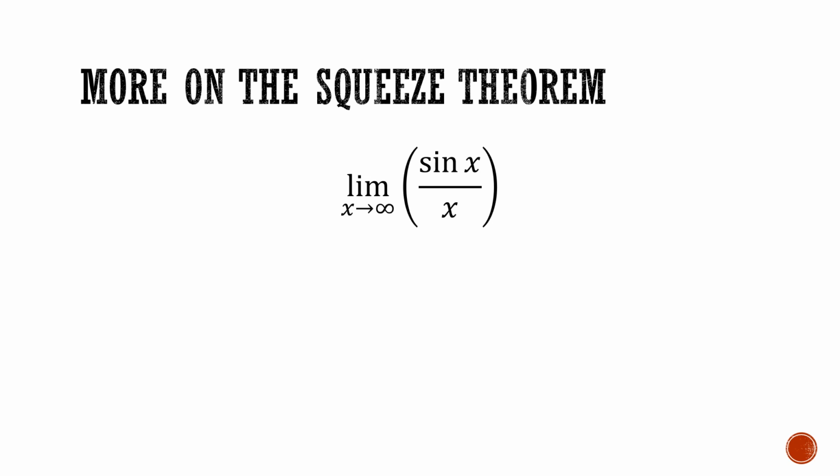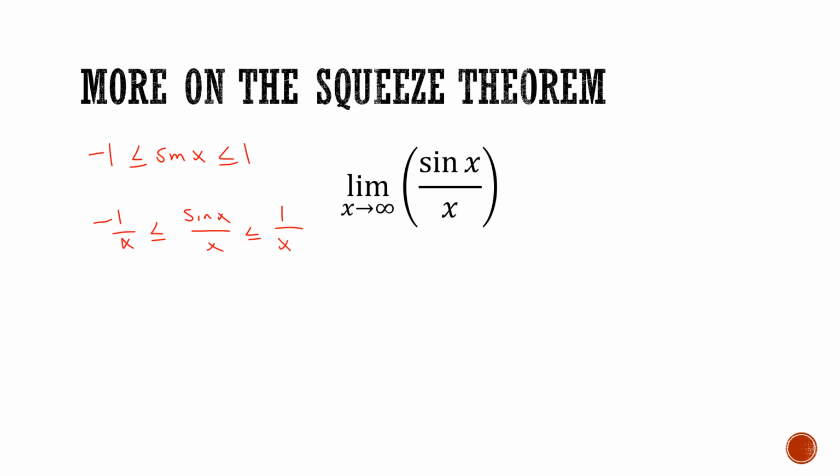I know that sine is between -1 and 1. And I also know that if I divide everything by x, I'll get this sine x over x. So -1 over x is less than sine x over x is less than or equal to 1 over x.